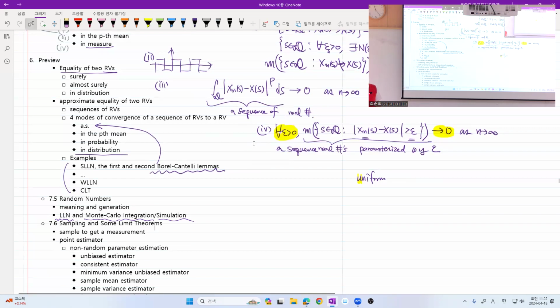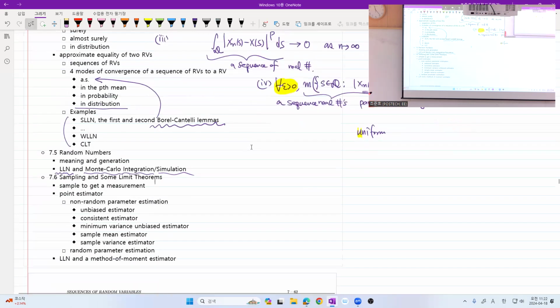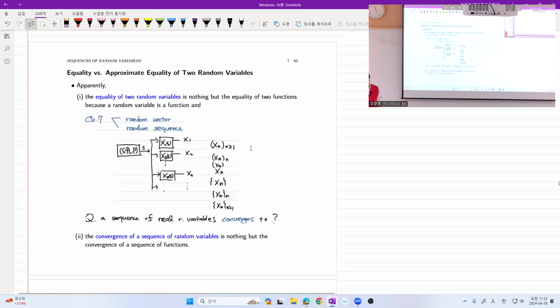And probably not today, but finally, we will go back to the sampling and limit theorem section, which also appeared in the last section of the last chapter of our undergraduate coverage, but we skipped part. And here we talk about sampling, sample moments, some point estimators, the law of large numbers, and the so-called method of moment estimator.